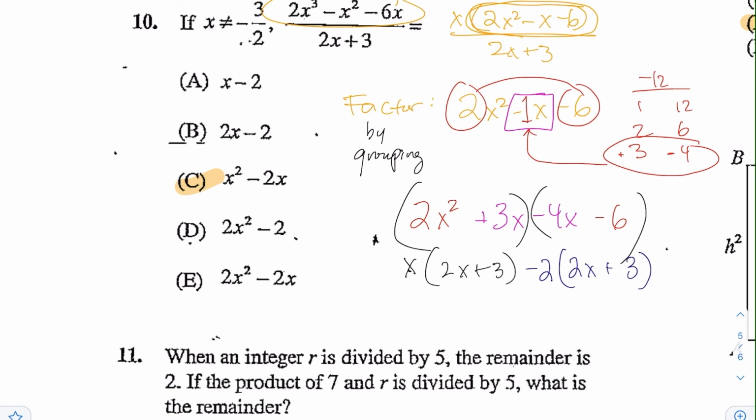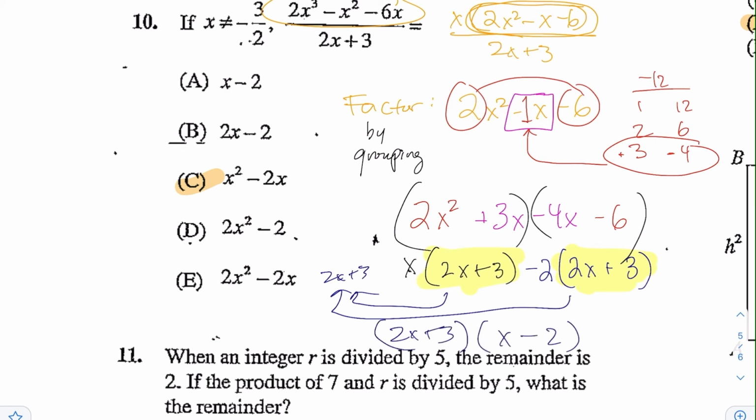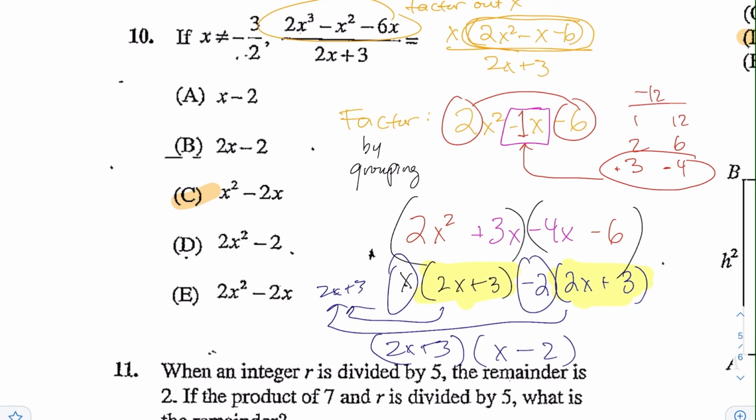And now you can factor out 2x plus 3 from both of these terms. So you get 2x plus 3 as one factor. The other factor will be x minus 2. Notice 2x plus 3 cancels out.